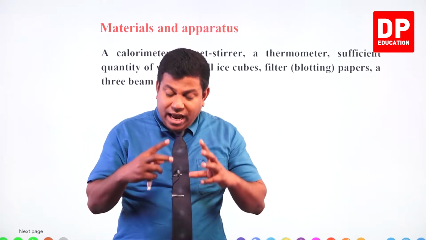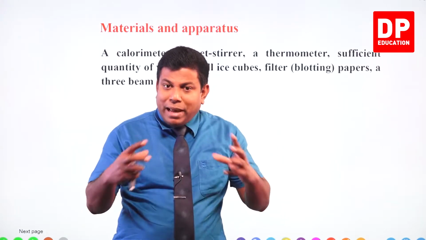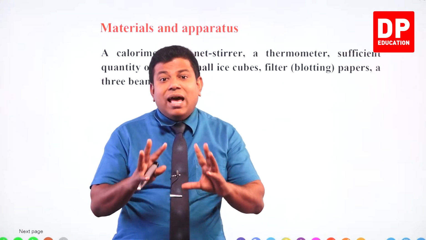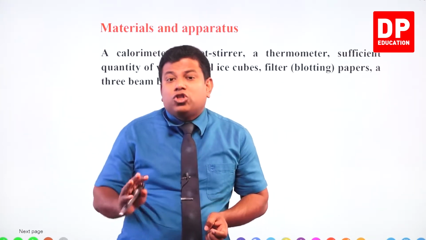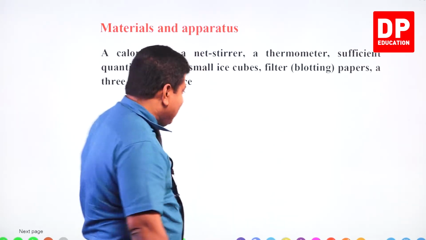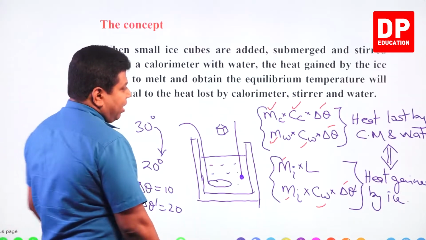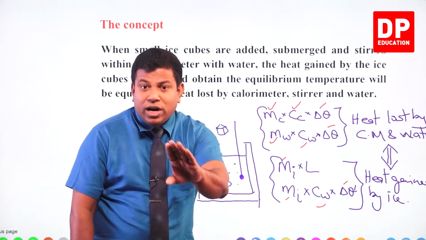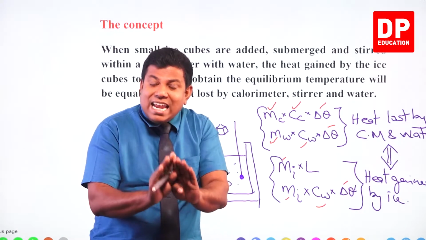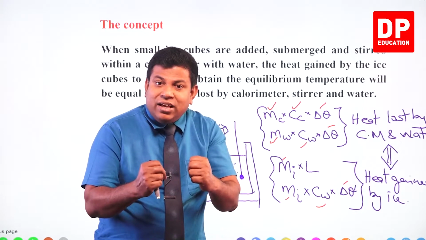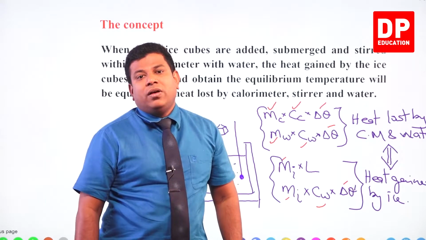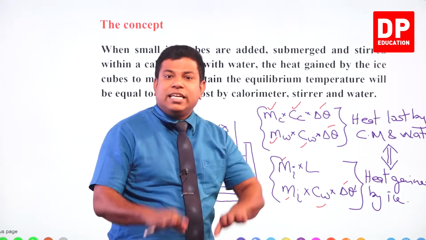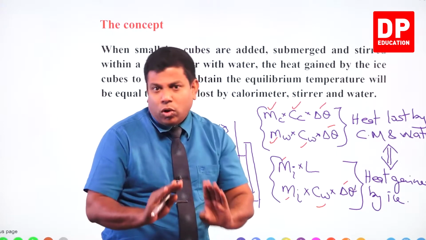Then for the ice cube to get melted, for the fusion of ice, it will absorb heat from the environment also. Then I can't tell this story. What story? I can't say these two are equal. So we have to make sure ice cube doesn't get any heat from the environment. For that you have to ensure ice cube is fully 100% submerged within the water.